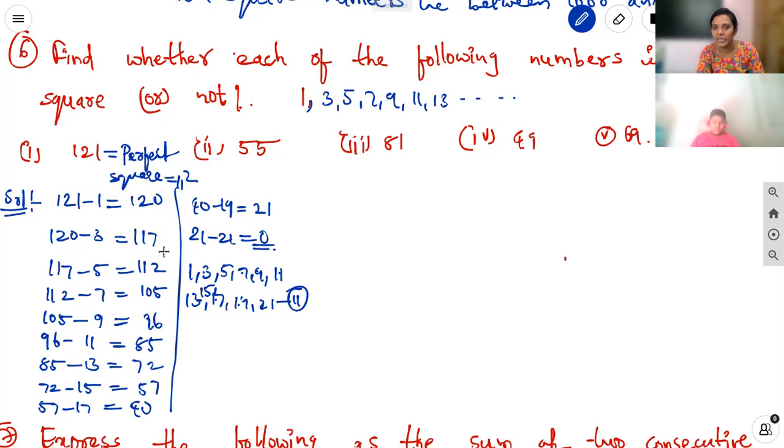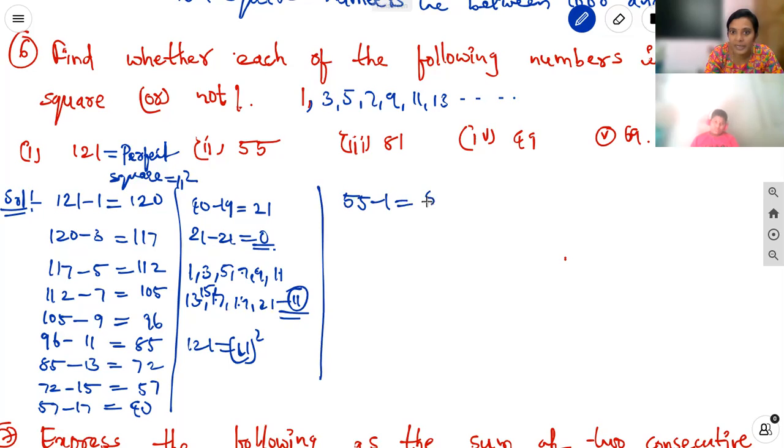Then 121 can be written as 11 squared. That square is the sum of the odd numbers. Add them: 1 plus 3 plus 5 plus 7 plus 9 plus 11 plus 13 plus 15 plus 17 plus 19 plus 21 is equal to 121.